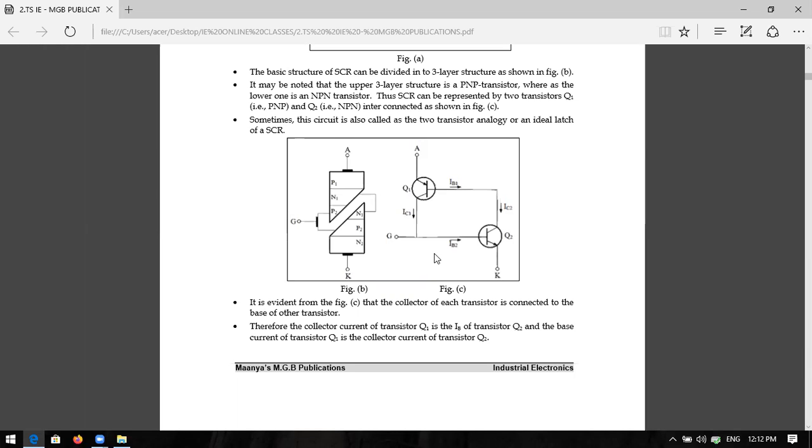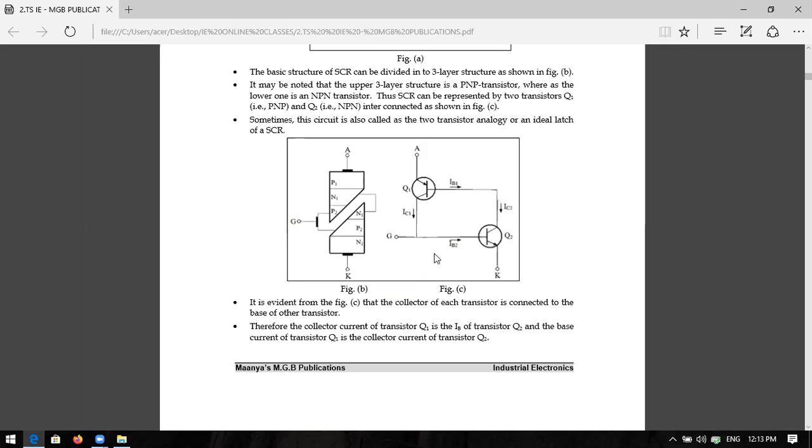In the reverse direction, the current will be blocked. Reverse direction means both are off, cutoff. So that is the reverse blocking mode, or it is called reverse conduction mode. In the reverse conduction mode, or reverse blocking mode, the current will not flow. So in the reverse direction, there is no current flow. In the forward direction, we have a current flow.